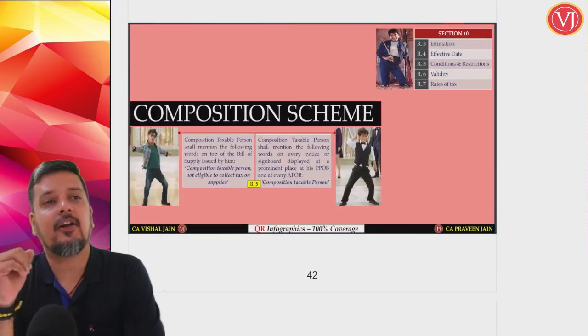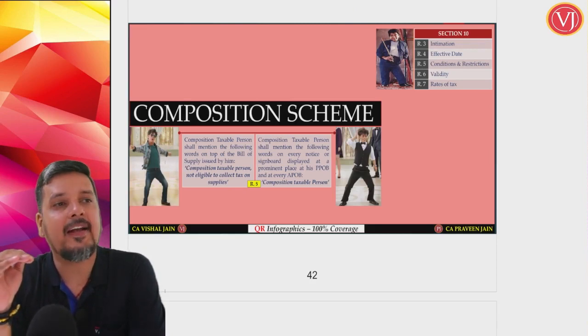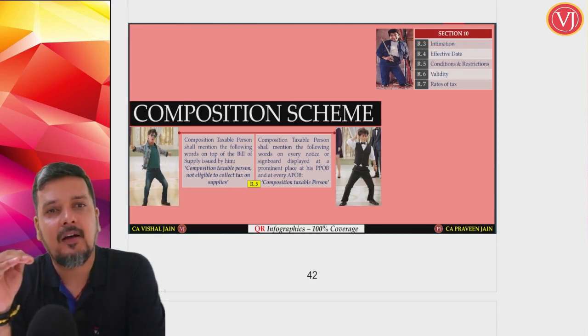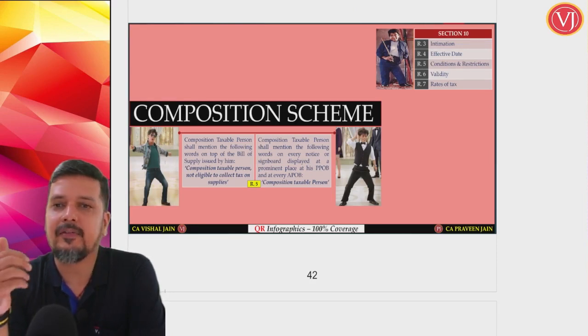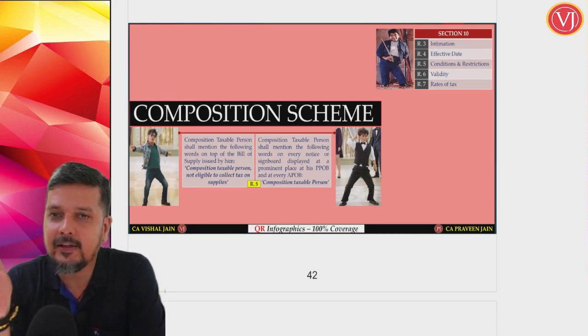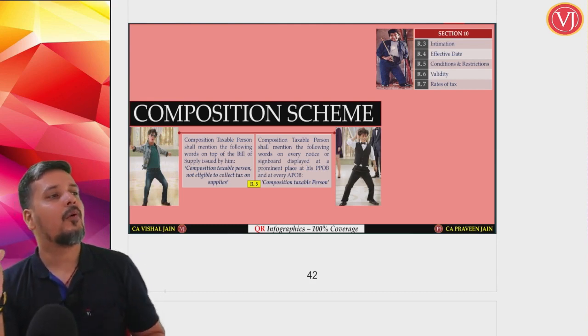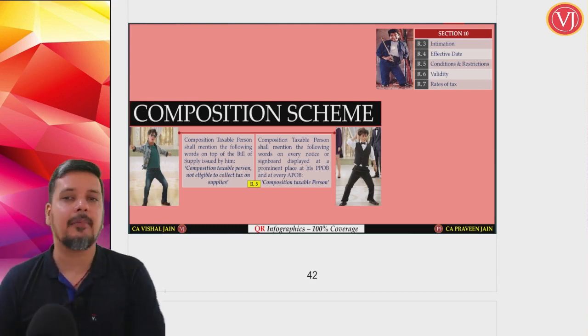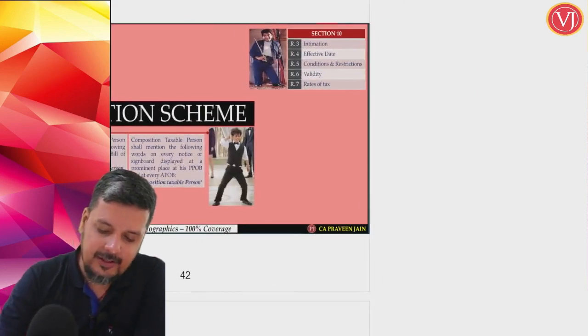Now, basically, we are talking about small dealers, small persons who find it difficult to comply with the GST provisions. One are very small persons who are not at all required to take registration. One are comparatively bigger who can take registration but work under a simple scheme called composition scheme. First, we'll not touch composition scheme.